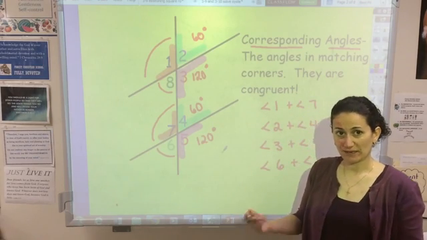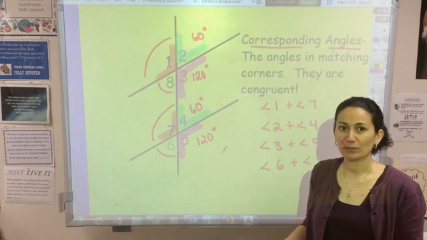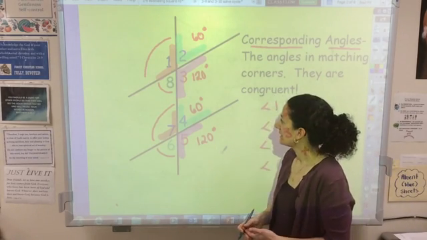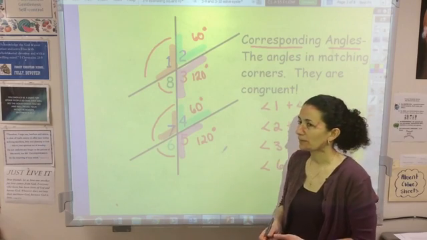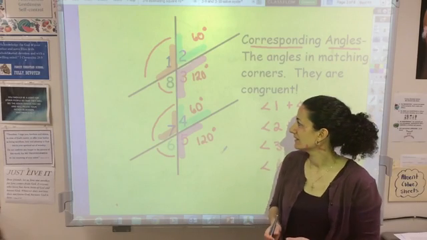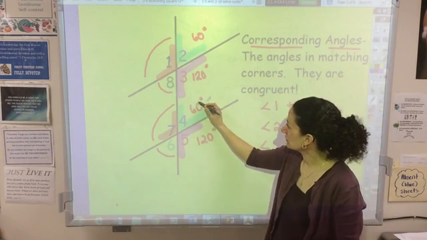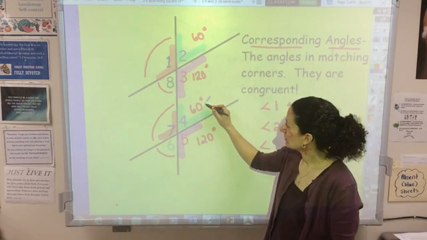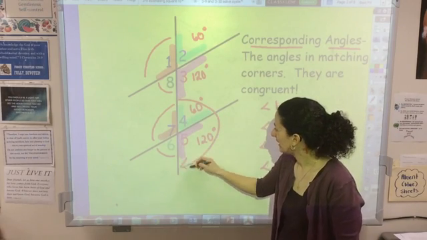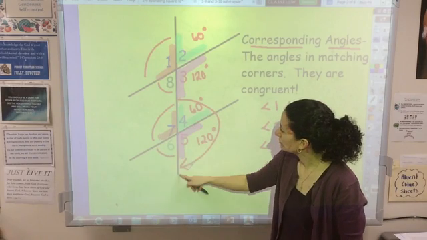You can also tell the measure of the angles based on what we learned about supplementary angles yesterday. A pair of supplementary angles, remember what that equals? It equals 180 degrees. So if I were to tell you the measure of this being 60, you can find the measure of this one because together, look, they're making a straight line or straight angle.